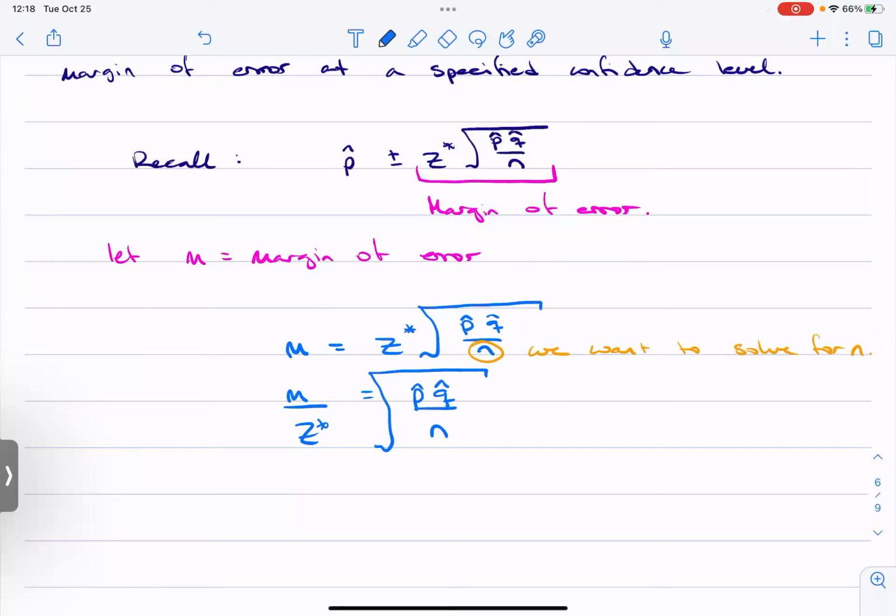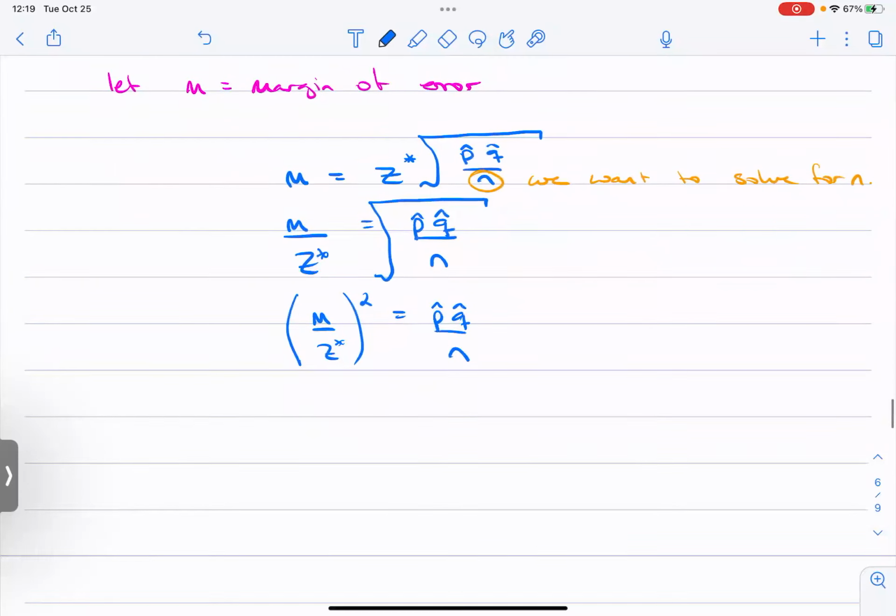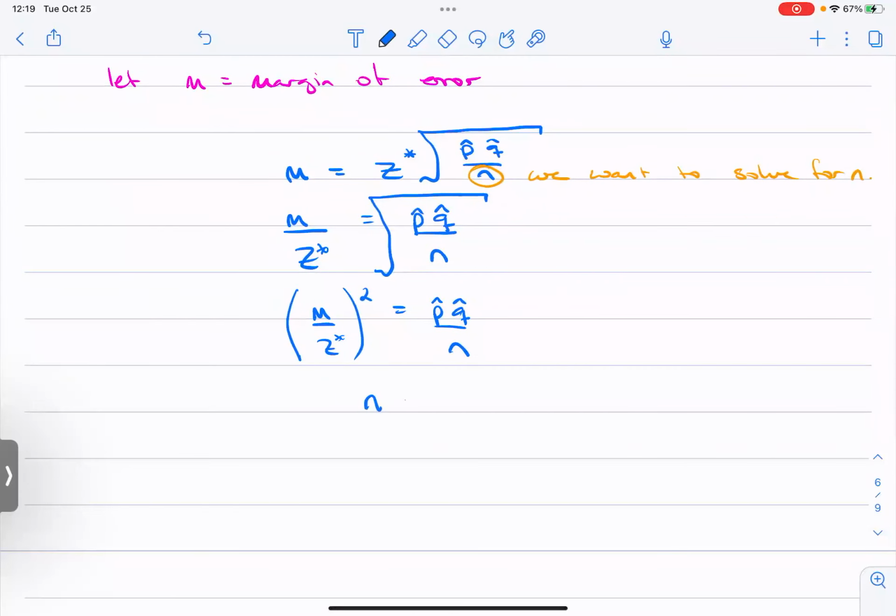I can undo the square root by squaring both sides: m divided by z star, squared, is p hat q hat over n. I want to solve for n, so I multiply it over to the left-hand side and divide this over to the right-hand side. With a little bit of moving and shaking, I get n equals z star divided by m, squared, times p hat q hat.